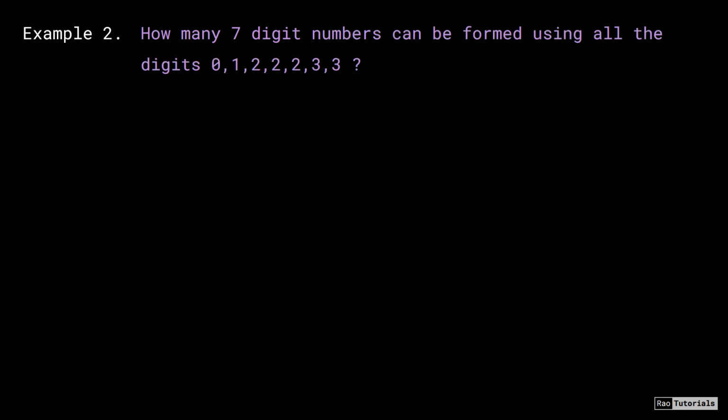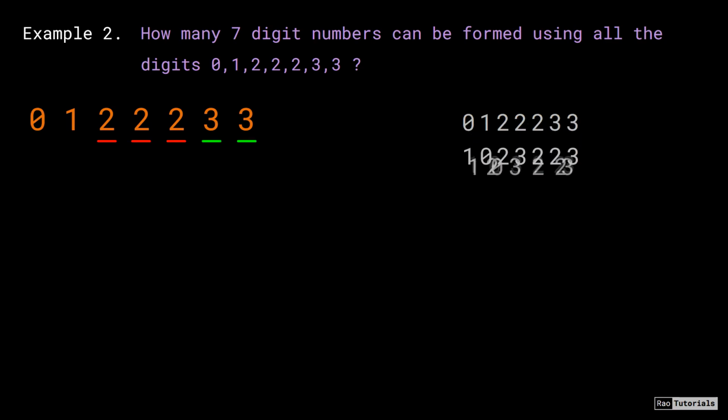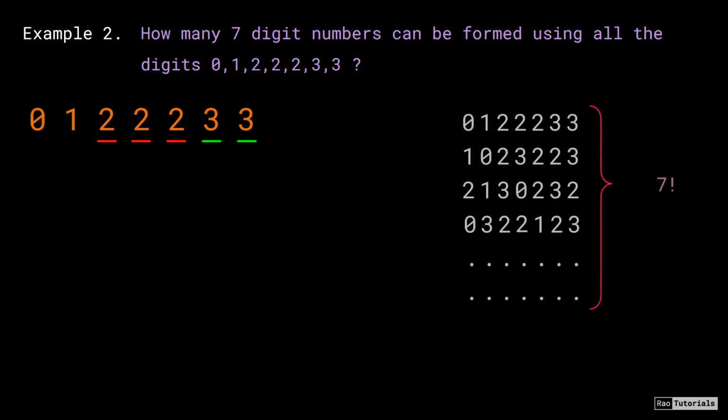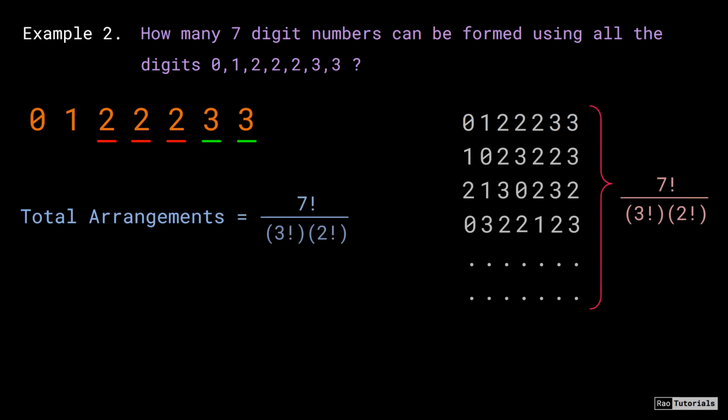Next example is, how many 7-digit numbers can be formed using all the digits 0, 1, 2, 2, 2, 3, 3? The given 7 digits have 3 identical 2's and 2 identical 3's. So these digits can be arranged to form new numbers in 7 factorial by 3 factorial times 2 factorial ways.